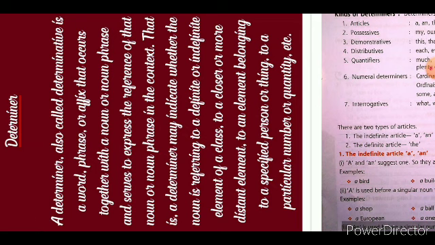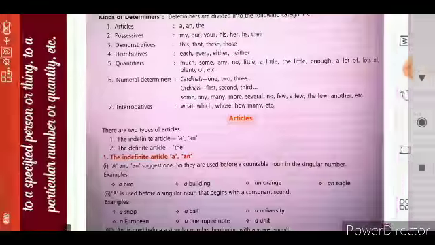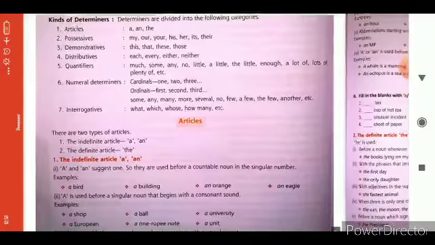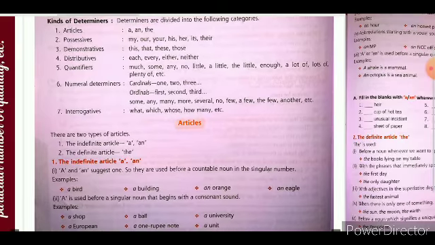And now let's have a look at its kinds. You can simply see on the second page the kinds of determiners. Okay, dear students, determiners are divided into the following categories. The first one: articles, then possessive, demonstrative, distributive, quantifiers, numeral determiners, and the interrogative one.